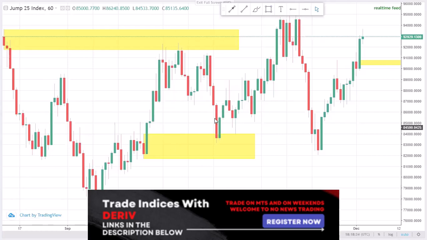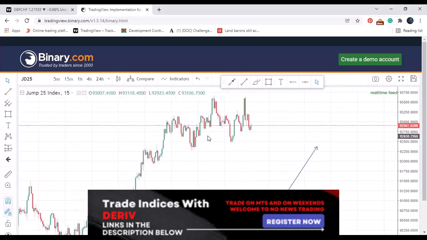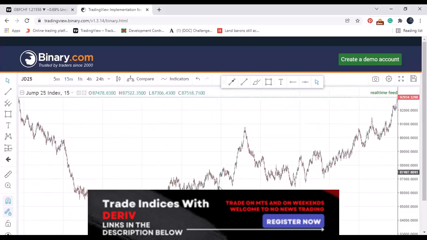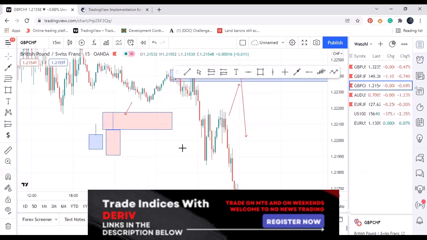Okay, let's go to M15 and try to refine these two order blocks which we have marked. Let's see how this went. I wanted to go down so that I can show you how to refine these two order blocks. Guys, the chart is not moving, but I think you get the idea of refining.